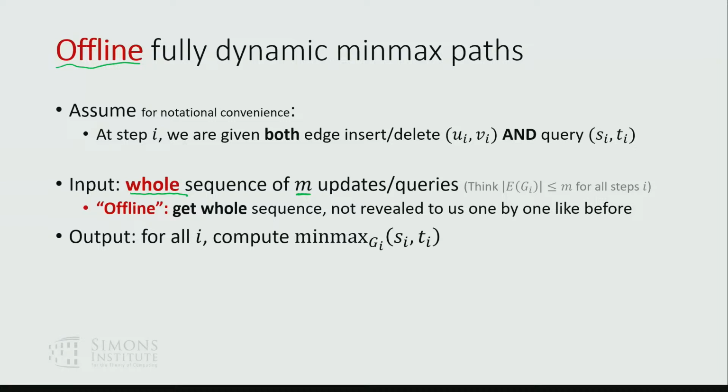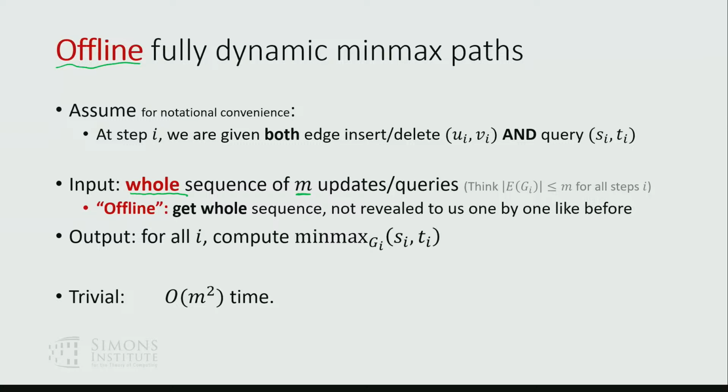Sometimes it's actually useful to get an offline algorithm. It can be interesting by itself, but it's weaker than the standard one. And trivially, you can do this in m squared time. There are m steps, and at each step you can answer the min-max query in linear time.